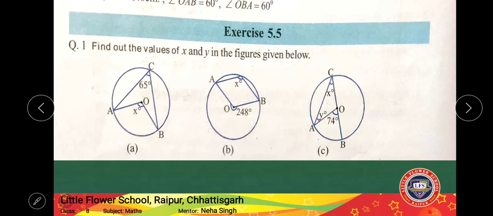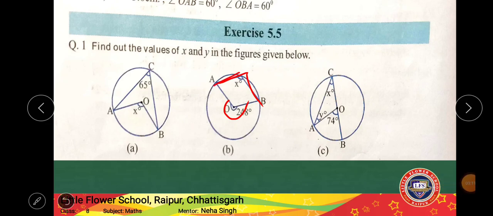In the second question, again the same property we are going to use, but in this question, which angle is given? Angle subtended at the center. This angle is given as 248 degrees, and we need to find the angle subtended at the arc, right? So what can we do?